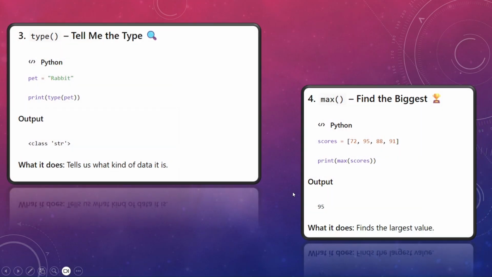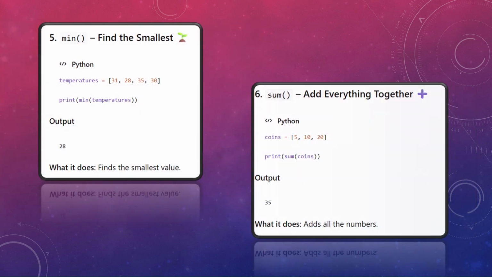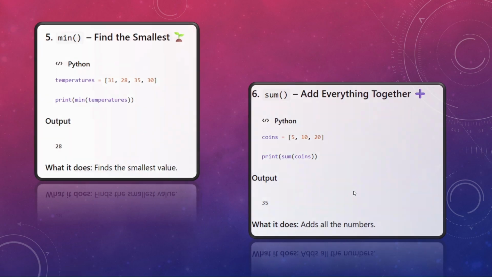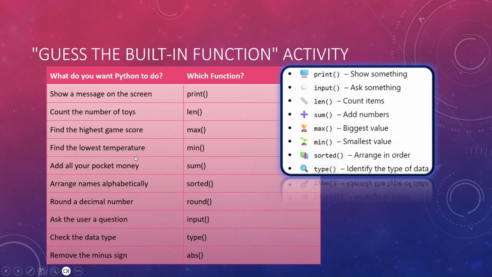Max also, if there is a list of values, max will give you the maximum, the largest value. Similarly, minimum finds the smallest value. If you want to add something, you use the sum function. All these, and many more, are already available in our Python library once installed.